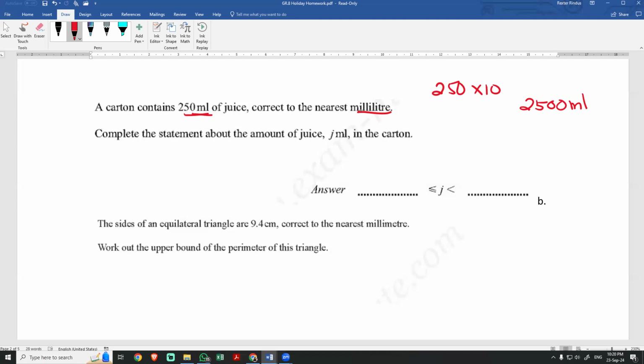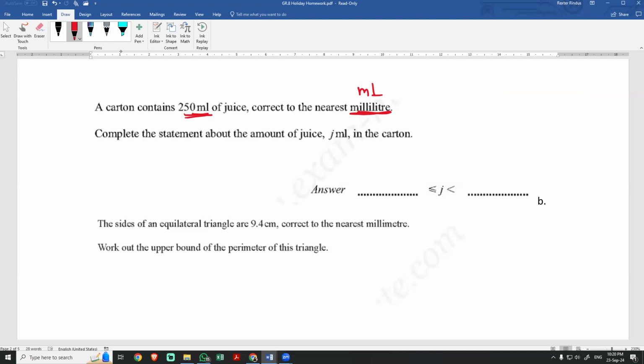They just put the whole word milliliter, and ml is also milliliter. So this is not supposed to be done, let me just erase that. I misunderstood the question.